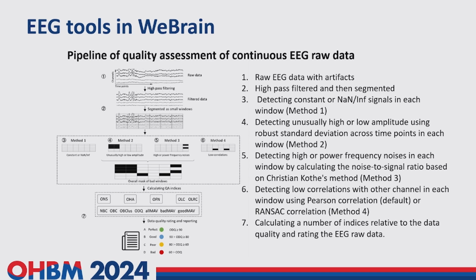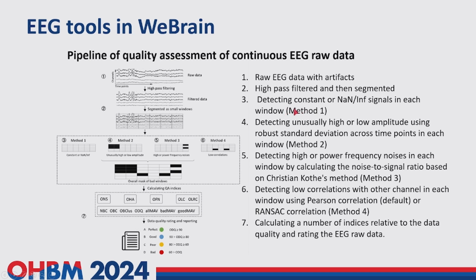For raw EEG data with artifacts such as EOG artifacts, EMG, or artifacts because of head motion, WeBrain provides multiple methods for detecting the quality of the data and rating the EEG raw data as A, B, C, D: perfect, good, poor, or bad.